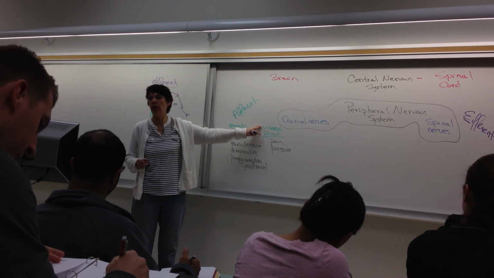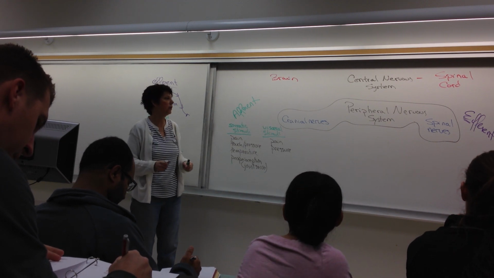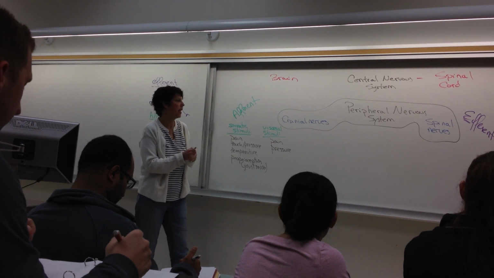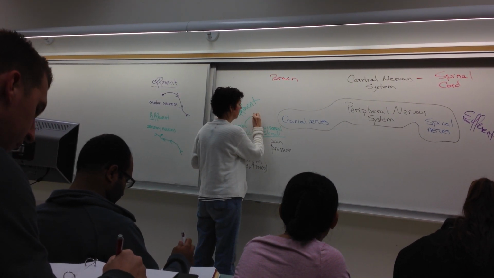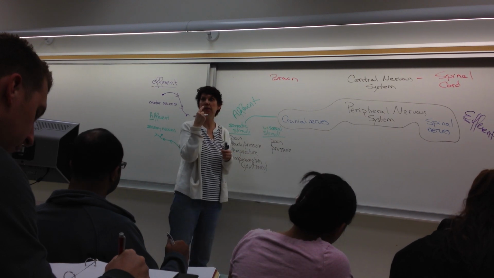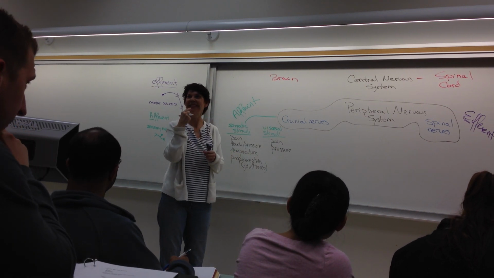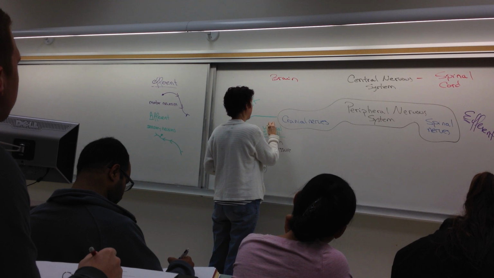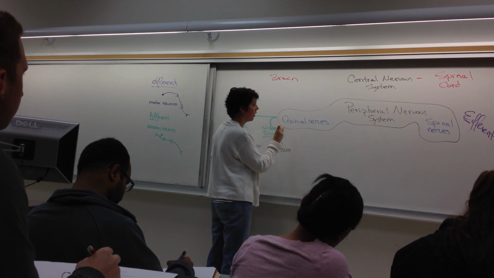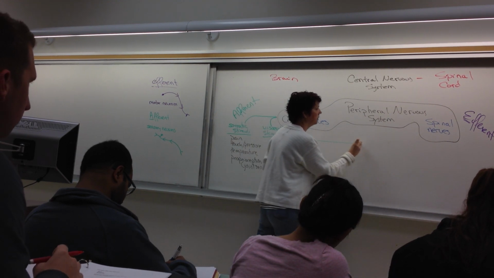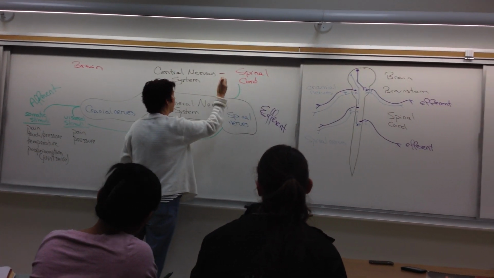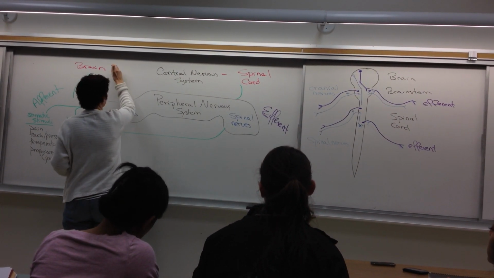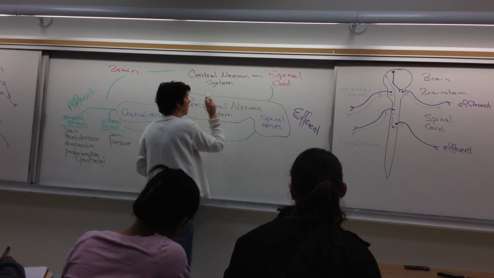And they are going to go via the peripheral nervous system, either via cranial nerves. Your mouth, by the way, is considered part of somatic, because you still have skeletal muscle forming that. And they're going to go via spinal nerves as well, into the central nervous system, spinal cord or brain, into those components.